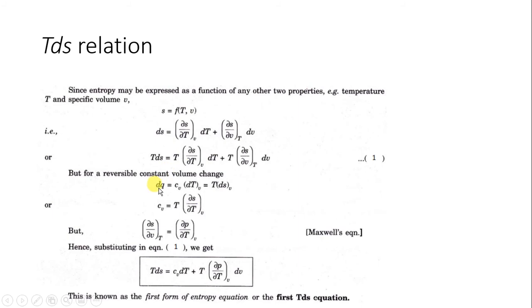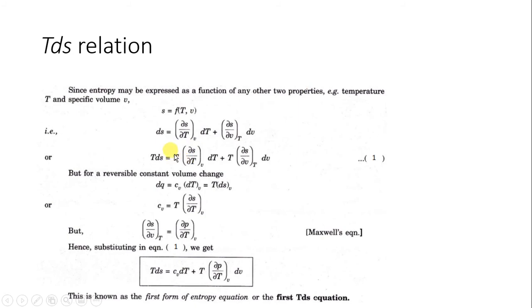And dq for a constant volume process is Cv dT. So dq is what? TdS. So you will get that Cv is equal to T times dou s by dou T when volume is constant. And this is a Maxwell relation.